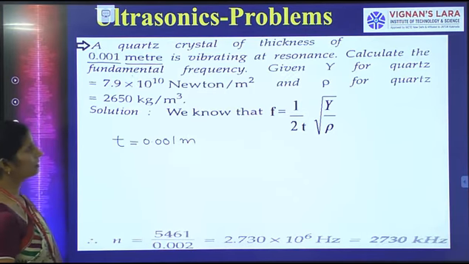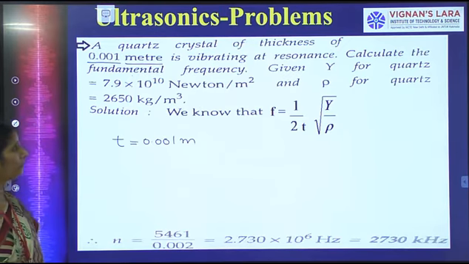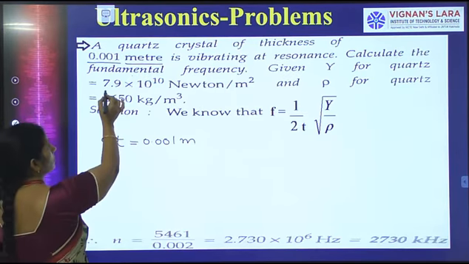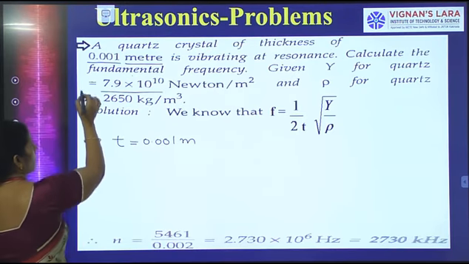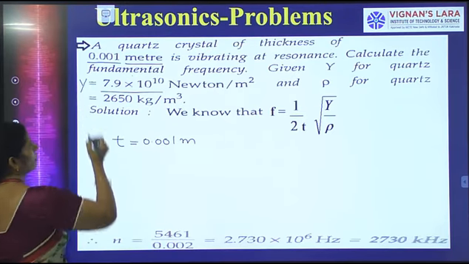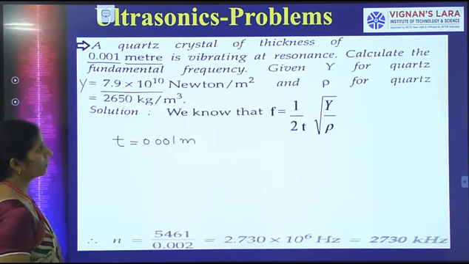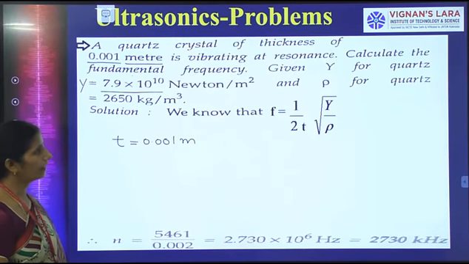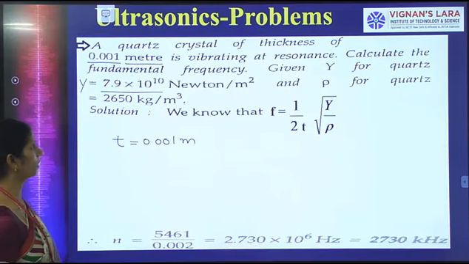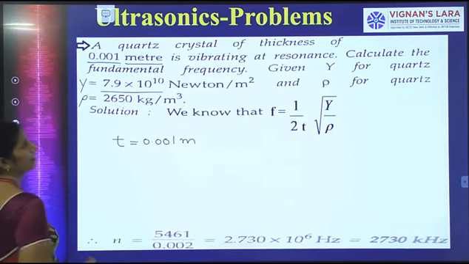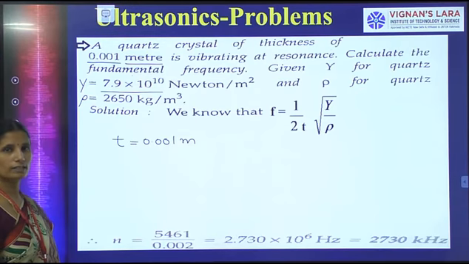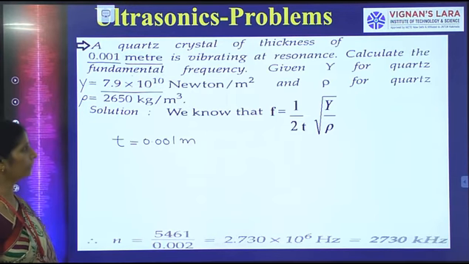Given Y, which means Young's modulus here. Y for quartz crystal is 7.9 into 10 power 10 newtons per meter square, and rho for quartz, the density, is equal to 2650 kg per meter cube.